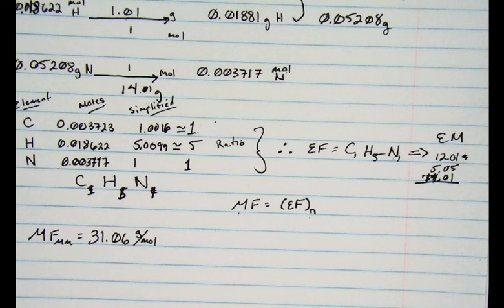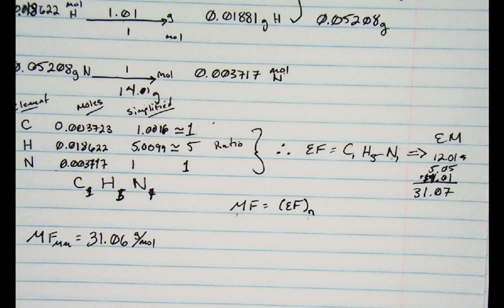If we total up the number of carbons, we have 1 carbon, so that's 12.01. We have 5 hydrogens, so 5 times 1.01 is 5.05. And we have 1 nitrogen, and nitrogen is 14.01. So if we add up all of those, we end up getting 31.07, which is rather close to the molecular formula's molar mass.